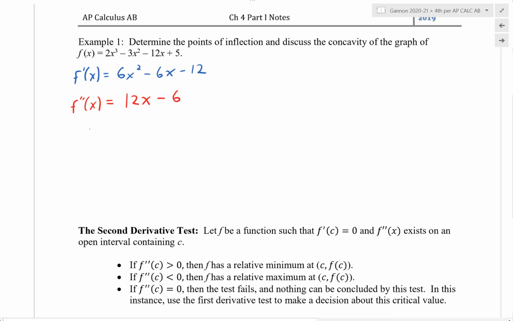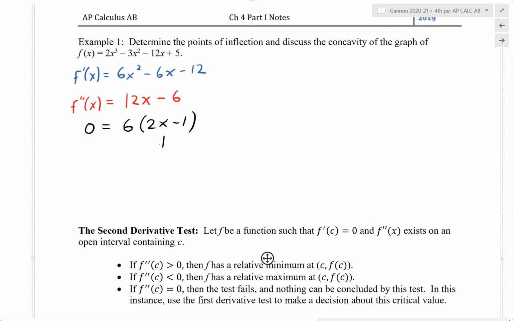Again, we want to know when this is equal to 0 or undefined. Looking at that equation, we should all recognize that as a linear function, which is always continuous. So it's never undefined. We can factor out a 6, and we have 2x minus 1.